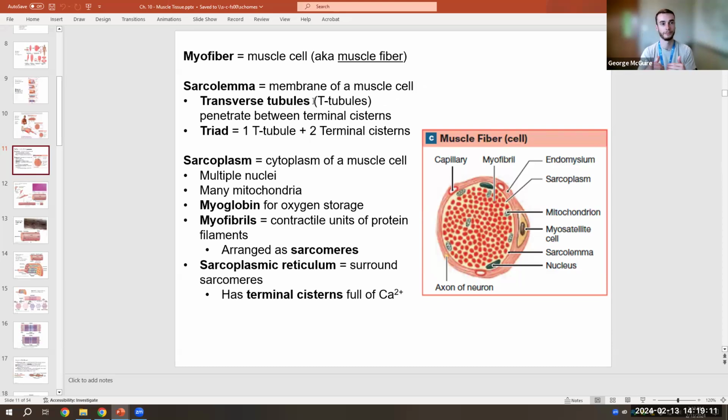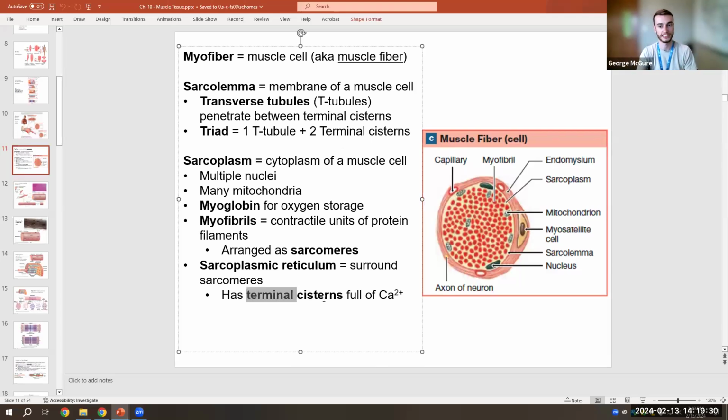And so that'll typically come in between two different sarcoplasmic reticulums, which are holding these storage units full of calcium, which is going to be what activates the contraction of the muscle, essentially. And so those storage units in the sarcoplasmic reticulum are called terminal cisterns.